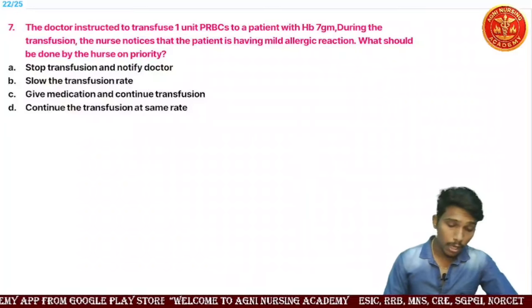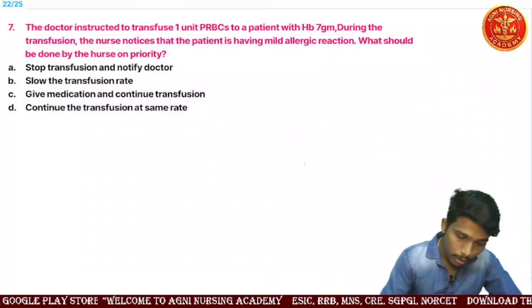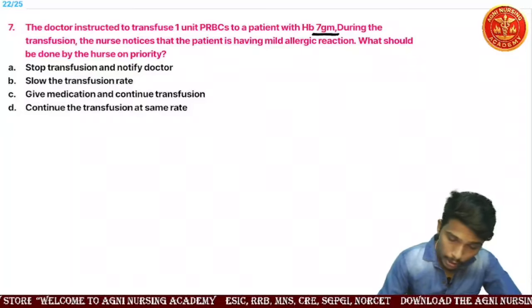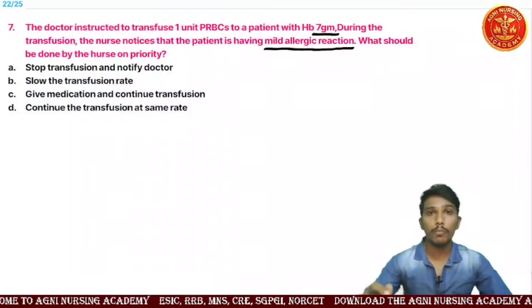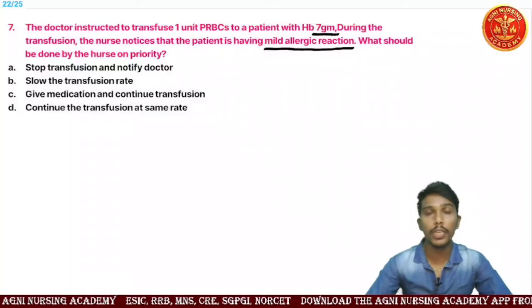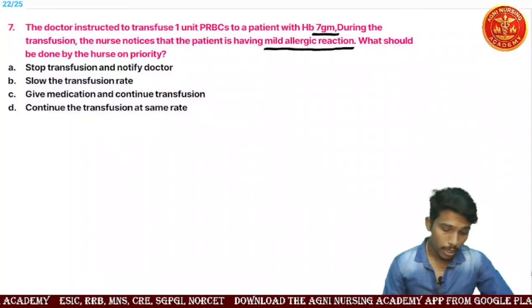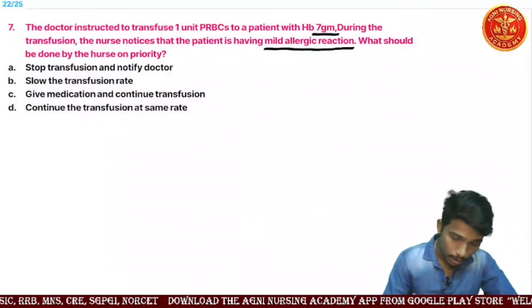So they are asking priority, and the patient has Hb 7 gram and is getting a mild allergic reaction. If you are transfusing blood and anything happens, we have to stop the transfusion. The first priority is to stop the transfusion.